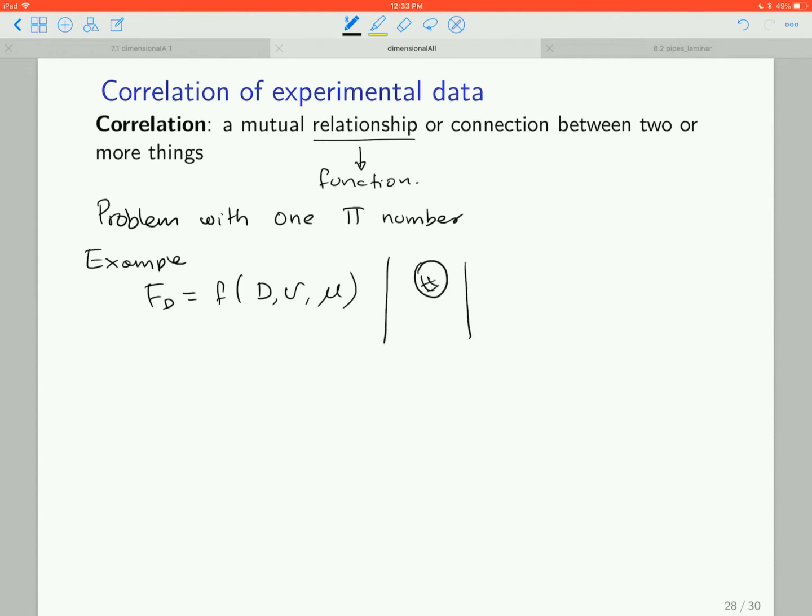For example, imagine that we have a sphere, and this sphere is falling into a very viscous flow, like honey. So these are the parameters that are going to be involved: the diameter, the viscosity, and the velocity, and of course the force. So our variables in this case are F, D, V, and mu.